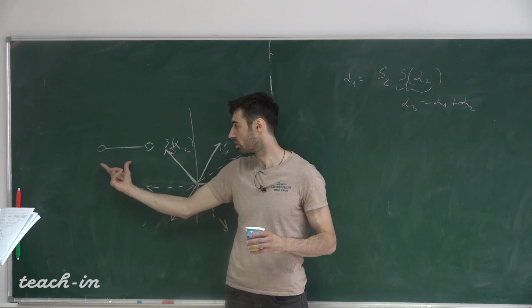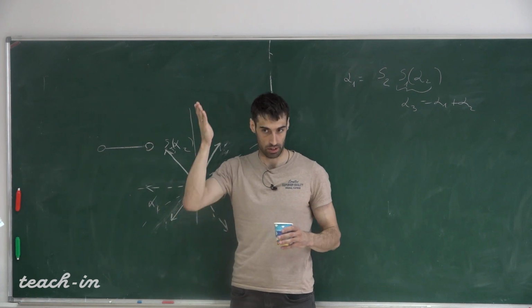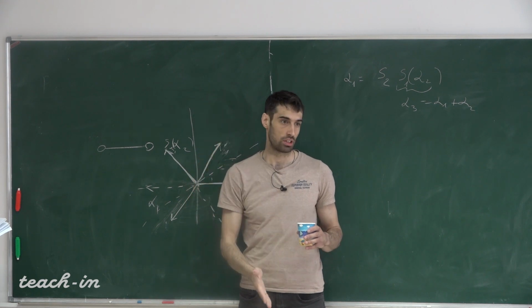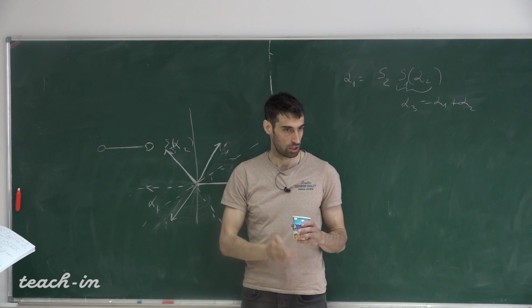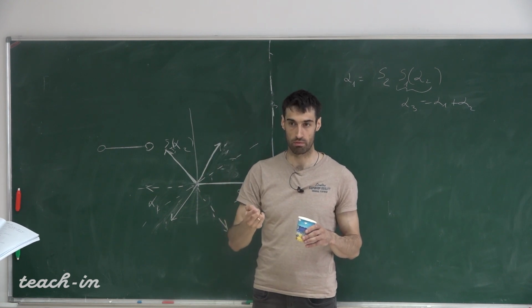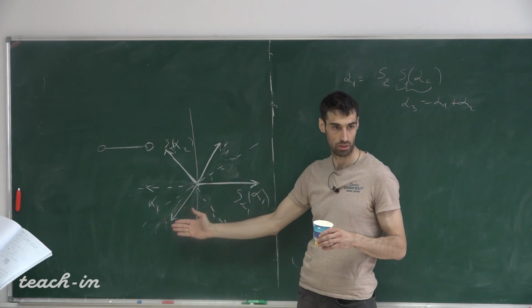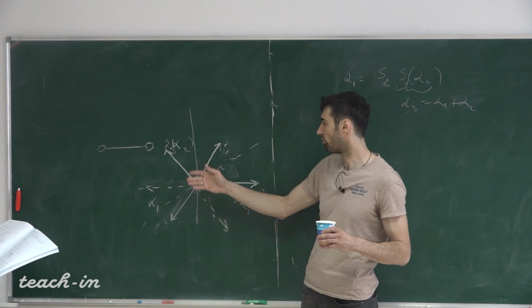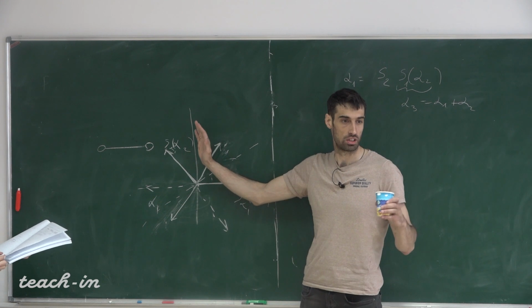If I draw a plane through these two simple roots, then the intersection of my root system with this plane will be exactly A2, and reflections in this A2 system correspond to reflections in the bigger system as well.